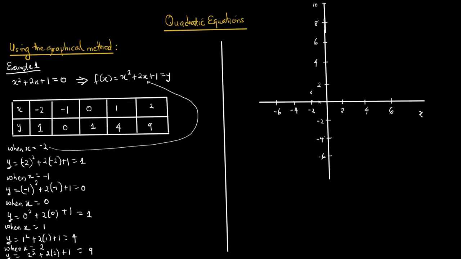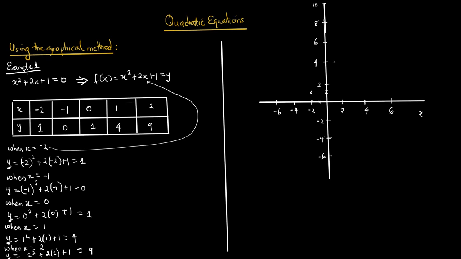And the next one, when my x is 0, my y is going to be 1, so that means it's going to go somewhere there. All right. The next one is when my x is 1 this time around, my y is 4. So when my x is 1, somewhere there, halfway, my y is actually 4.